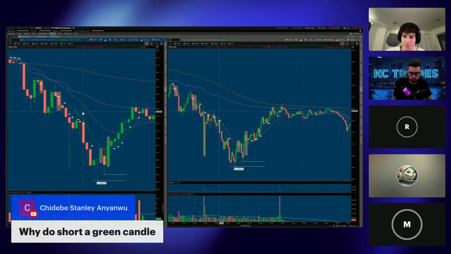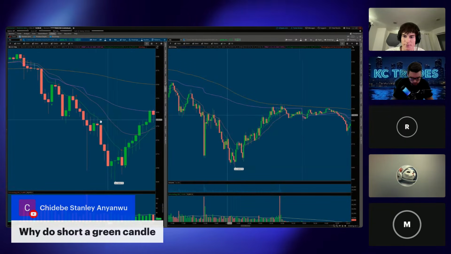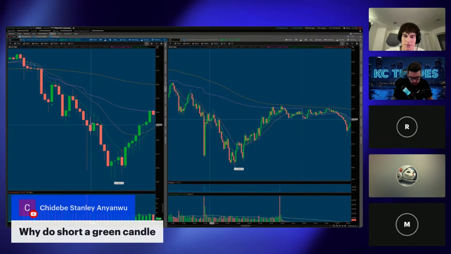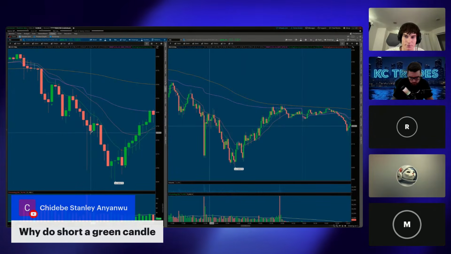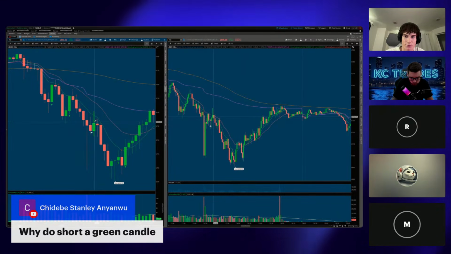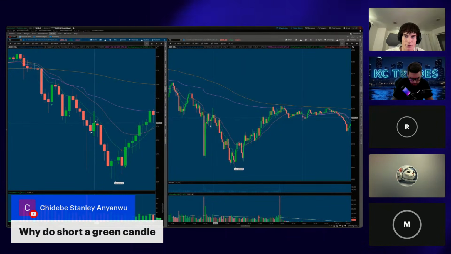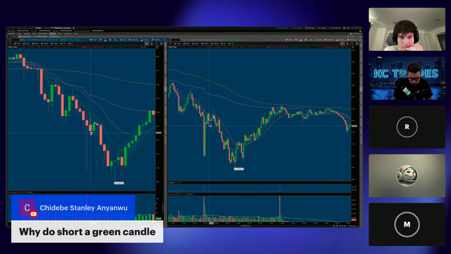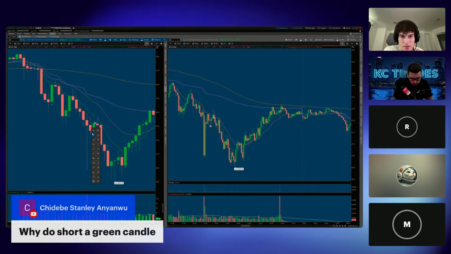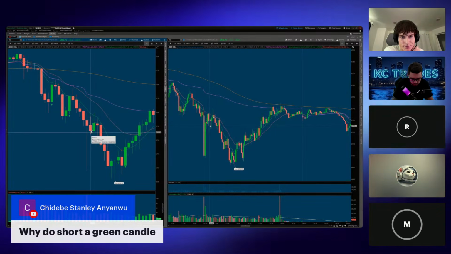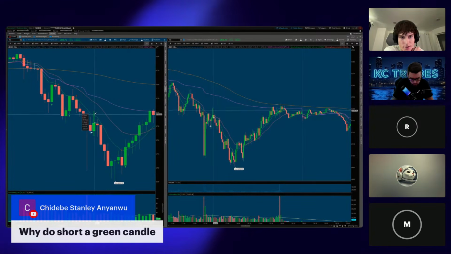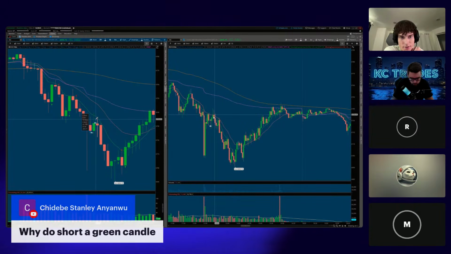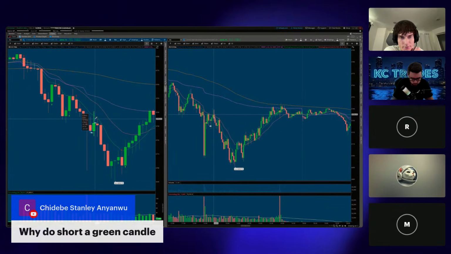Yeah, 100%. Let's look at this example. Let's say you're going to short when the candle is red versus when the candle is green. I'll just use that candle close, for example, right? Where's your risk for that short? If you shorted when the candle is red, a trader might say the 3-minute 20 right there, that's 10 points already.